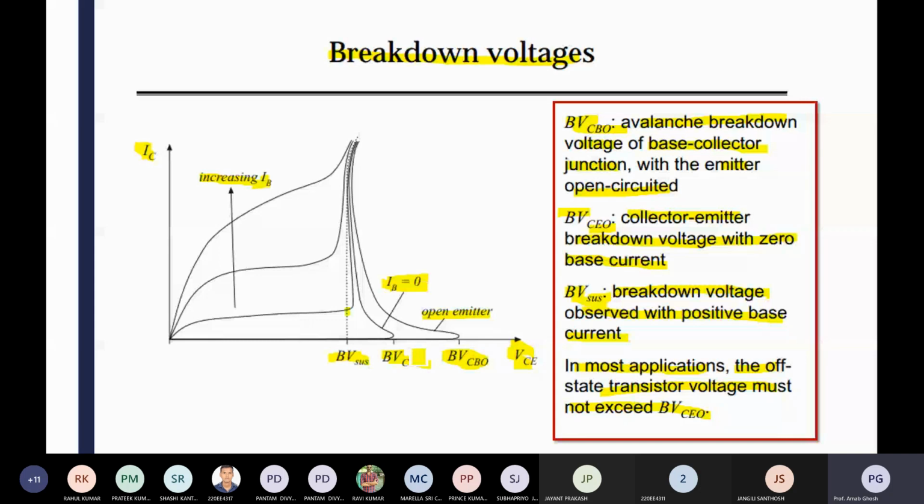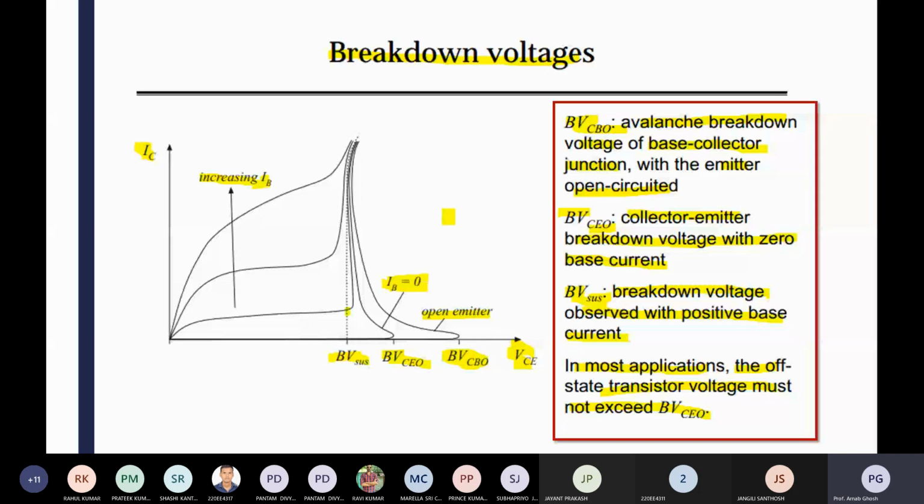So before giving a bias voltage to your transistor, you should go through the data sheet very well. Otherwise, if you give more than the rated voltage, your devices may be damaged. That's the reason for providing the data sheet with your devices.